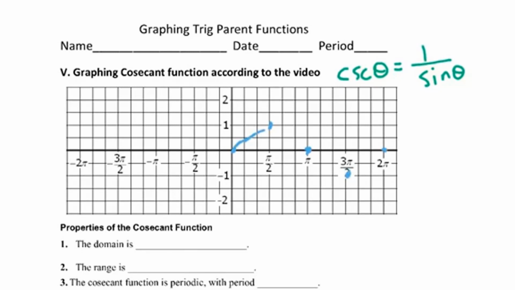So I connect like this. For the reciprocal function, find the zeros, that's the x-intercepts. You need to draw asymptote lines, because any number divided by 0 will be undefined.